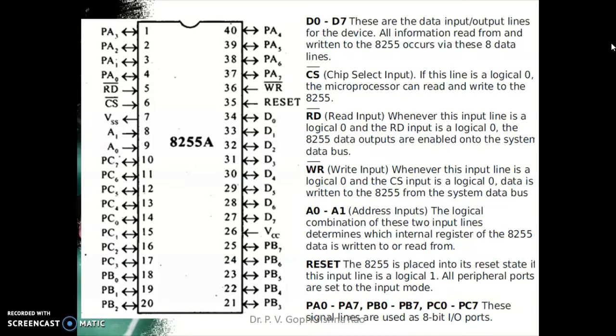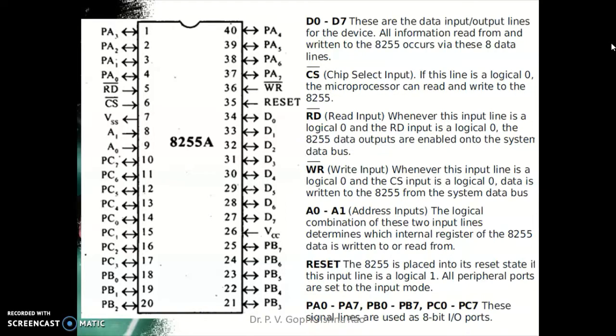RD bar, the read signal, is also an active low signal which is an input to the 8255, received from the microprocessor. Whenever the signal goes low, the microprocessor intends to read information from the peripheral devices through the 8255, like say a keyboard.